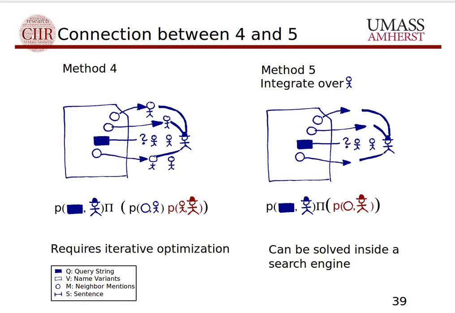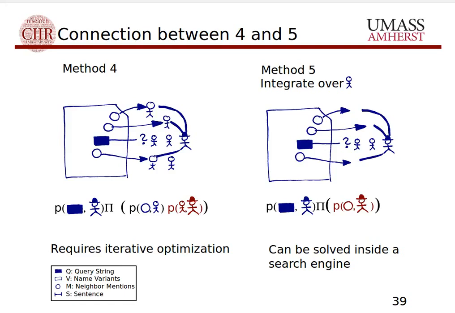So that's an obvious connection between method number 4 and method number 5. In method number 4, we have explicit pools of entities, and we treat them as an explicit inference problem. But that's also where the computational complexity comes into play, because we have to try out all these different entities to score them mutually. In method number 5, we integrate over these latent entities in the context, the entities that we don't really care about just for the sake of disambiguating this particular mention.